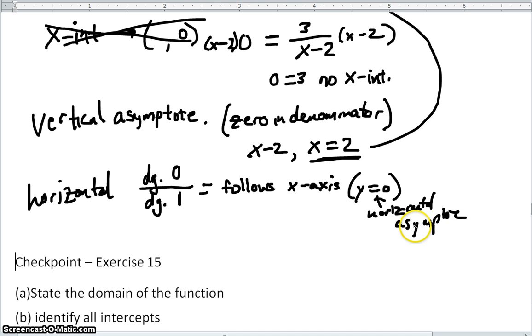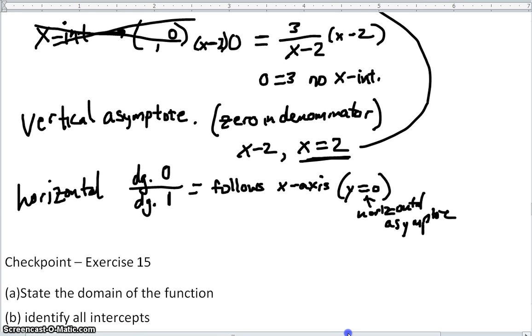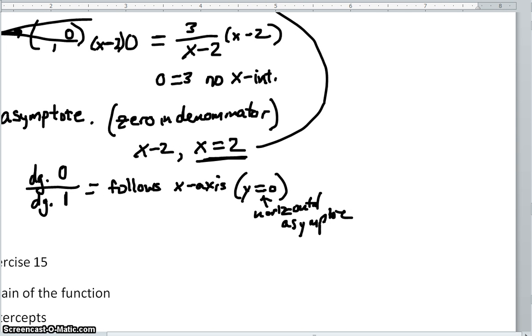So we have all this information. Now what we need to do is look at this and say, all right, let's use all this information and find some additional points. We know it goes to the point 0, negative 3/2. We know that there is a vertical asymptote at positive 2.